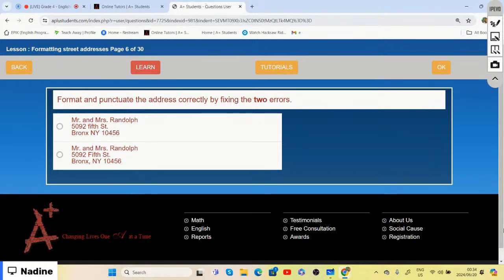Option two again is correct. We need to format and punctuate the address correctly by fixing two errors that we will find either in option one or in option two. If you find any errors, then it means that that is not the correct one.